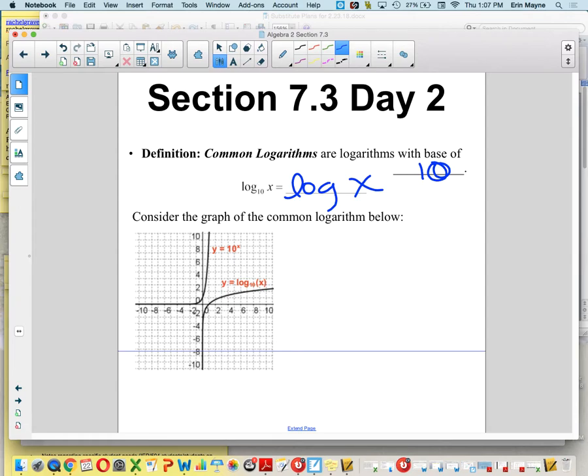Okay, so what we're going to do is I want you to get in the habit of doing two things. First of all, we're going to graph the log, but before we do that, we're going to typically graph the exponential that goes along with it. So notice, this is an example of that. We start with the basic exponential y equals 10 to the x. I want you to get in the habit of making a really quick table from -2 to 2 of base 10.